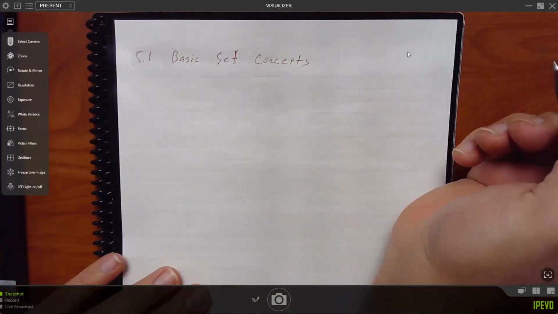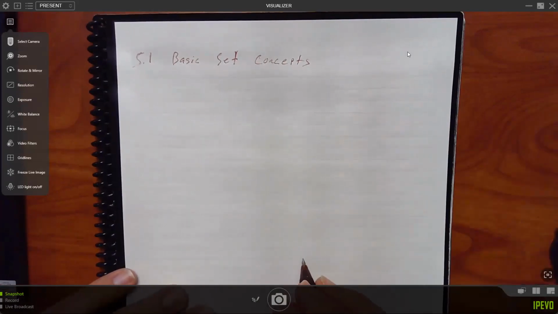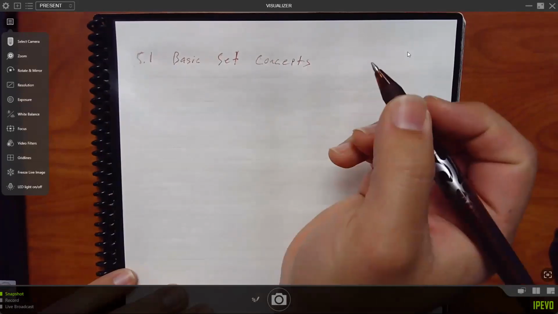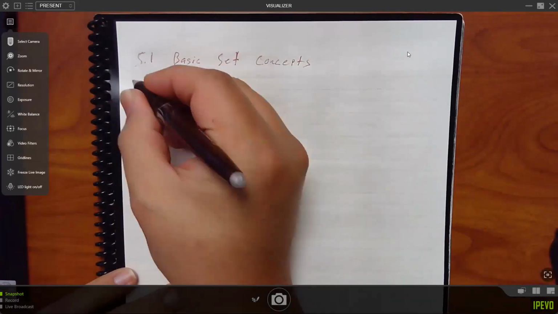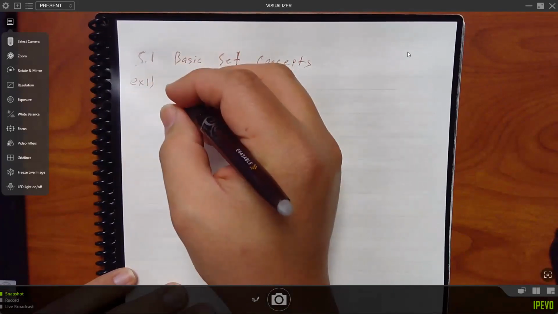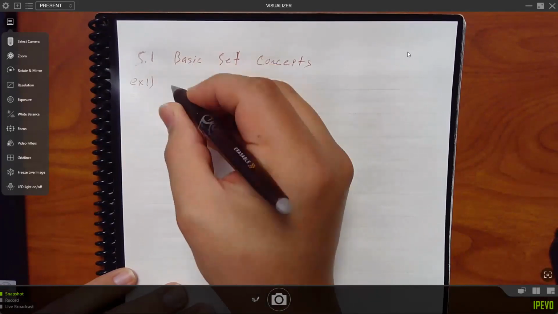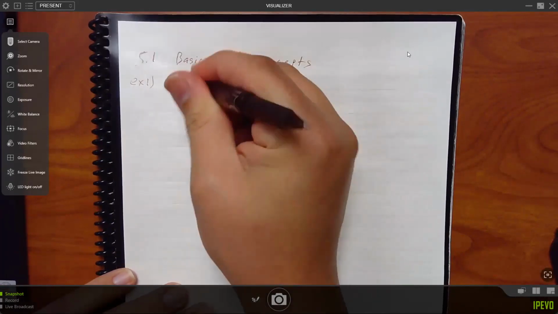So we're going to go over the notation, using the different types of sets. Example 1. Might need your help with this because I don't remember geography at all.